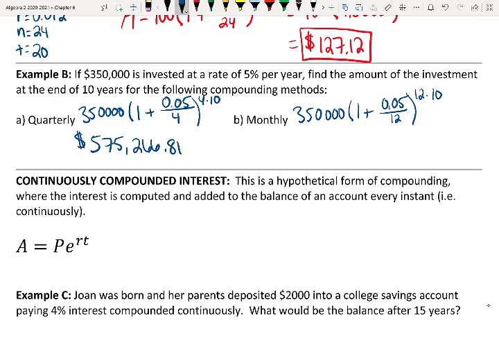And then on the monthly side, you should end up with $576,453.32. So you can see, without changing how much money we're putting into the account, without changing the percentage rate, we're still gaining 5% every year, and we're leaving it in there for the same amount of time.